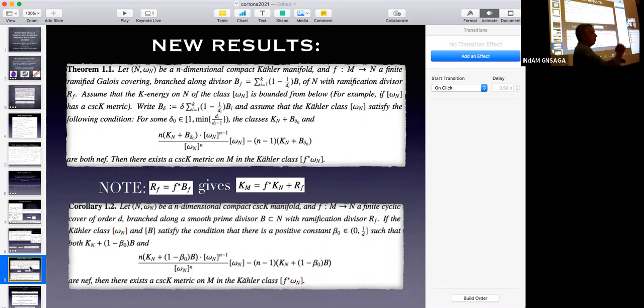It is true that the group is big, but each component might see a subgroup of the big group. So for each component of the branch locus and the ramification divisor, you need to take the order of the subgroup which is relevant for that component. For the expert, this is the inertia of the covering. And that's the D_i.